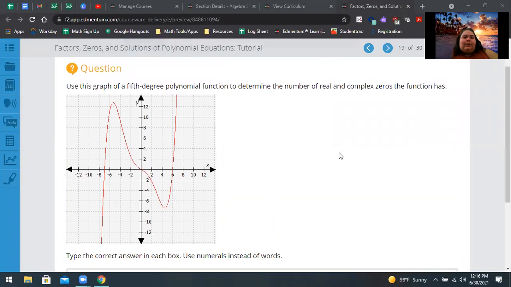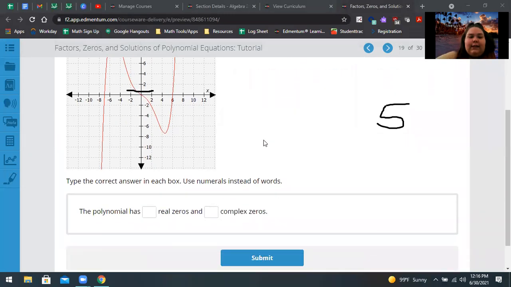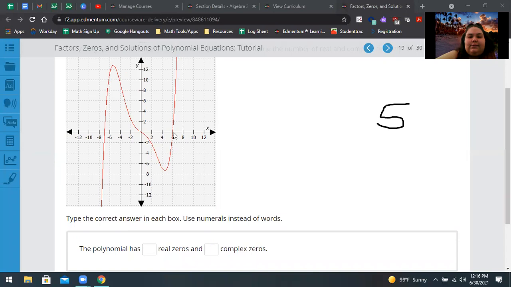So let's take a look at this one. This is slide 19. The graph of the 5th degree polynomial function, to determine the number of real and complex zeros the function has. So they're telling us that this is to the 5th degree. So we know we have a degree of 5. How many real zeros are there? In other words, count how many times it is touching the x-axis.